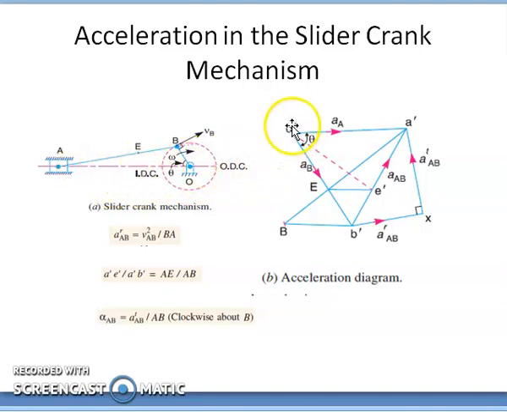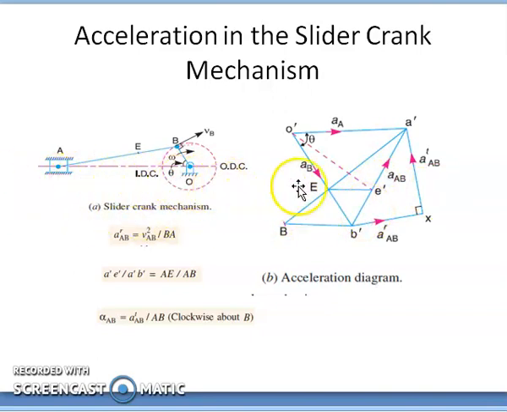For velocity we gave the notation as the small letter. Since it is acceleration, we are going to represent it by a lowercase letter with a dash. So O dash is the fixed point. Then with respect to O, if the crank is rotating in the clockwise direction, the slider is going to move from left to right.